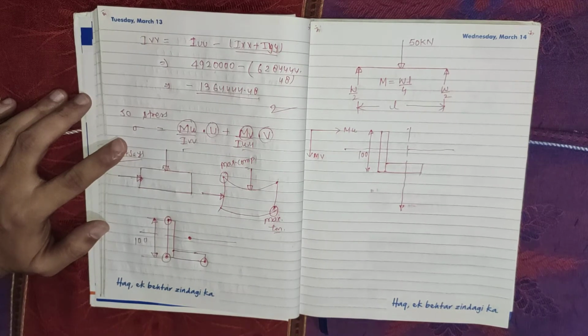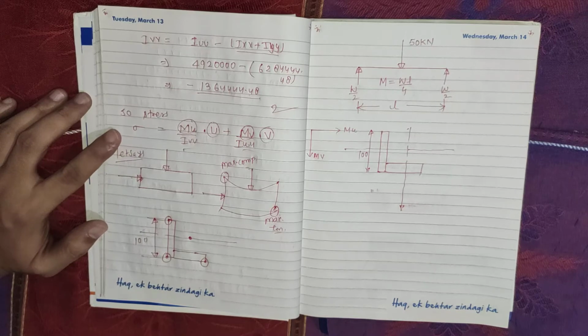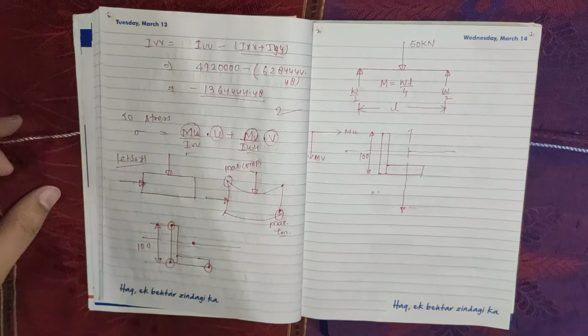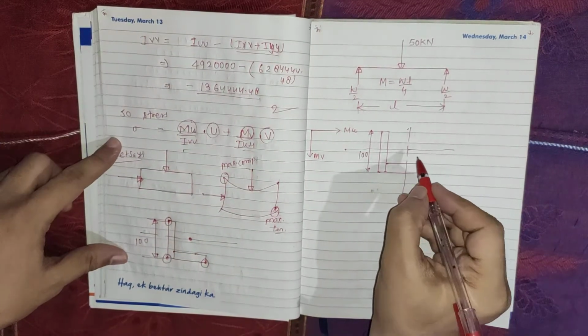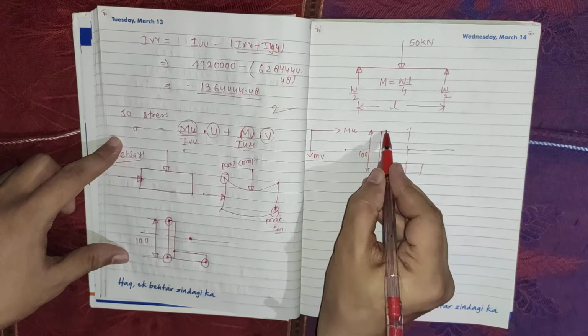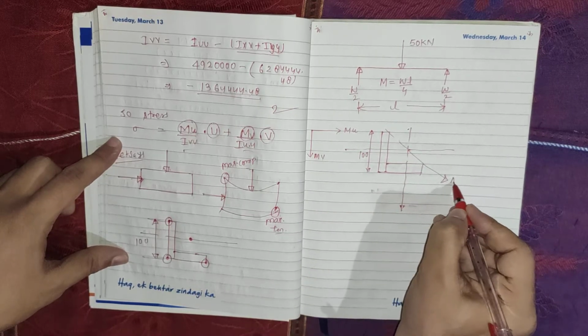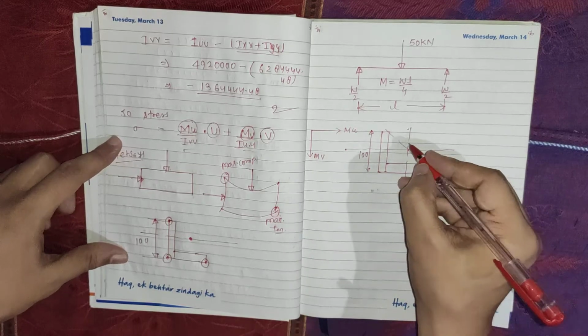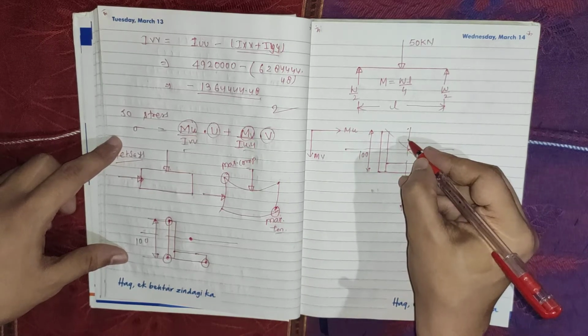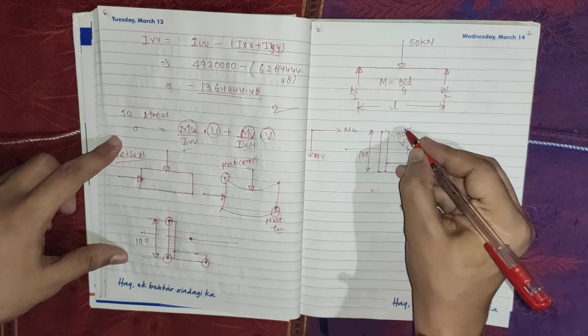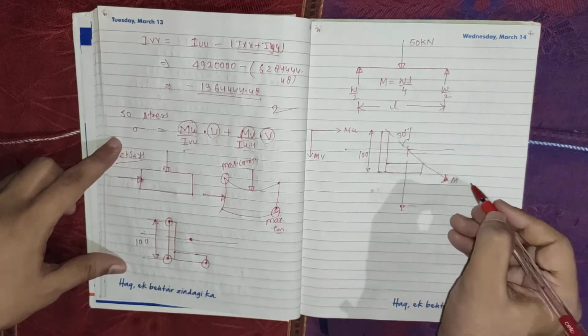Let's say a moment is applied along this. This is M. Okay, so let's say this is at 30 degree.